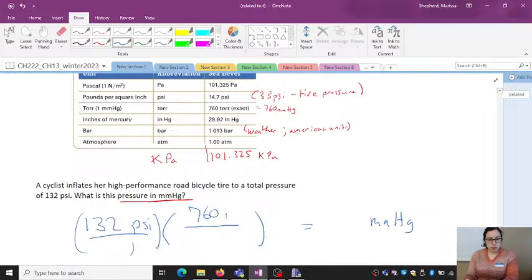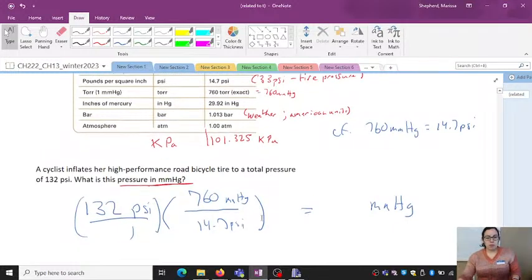That's exactly what I would do. We're given these conversion factors here. So I can say that 760 millimeters of mercury is equal to 14.7 psi. And then we can plug this in so our units cancel out.